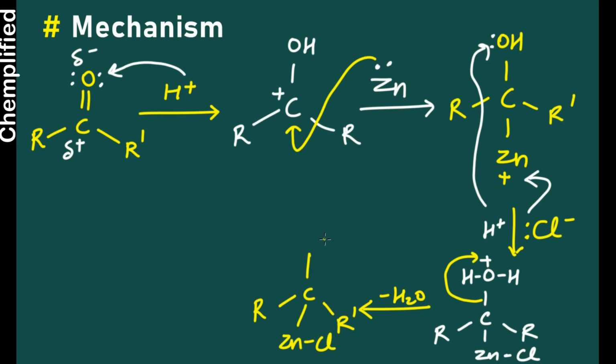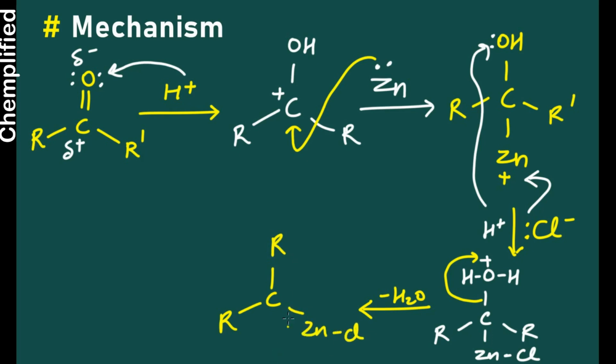So let me draw it again. Since H2O is removed, we have space. We will get R, C, R dash, and ZnCl, right, with a positive charge on the carbon, right? Now what happens in the next step?